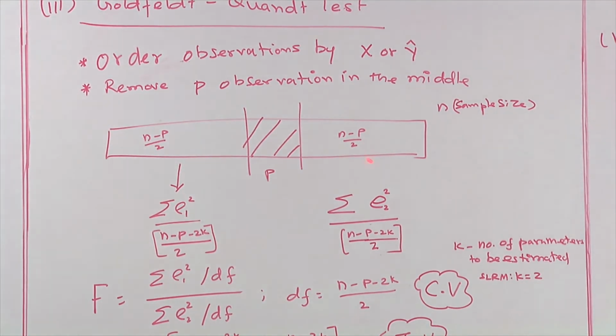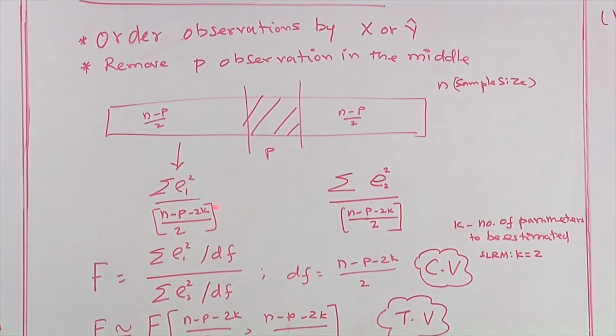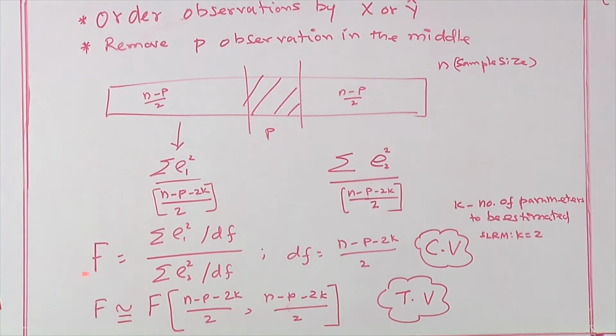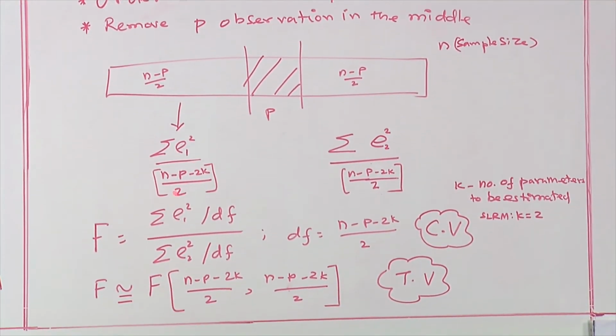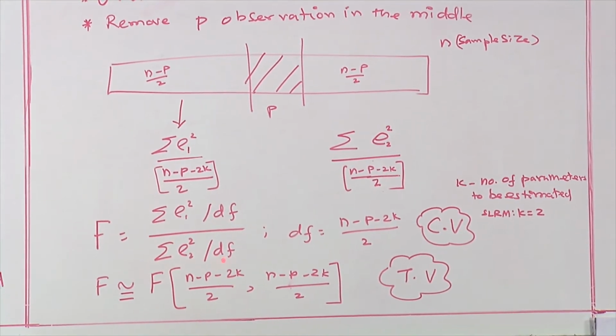For these two different samples, you can calculate the error sum of squares: the error sum of squares for the first sample and the error sum of squares for the second sample. Based on this, you can define an F ratio: the error sum of squares of the first sample divided by degrees of freedom, and the error sum of squares of the second sample divided by degrees of freedom.